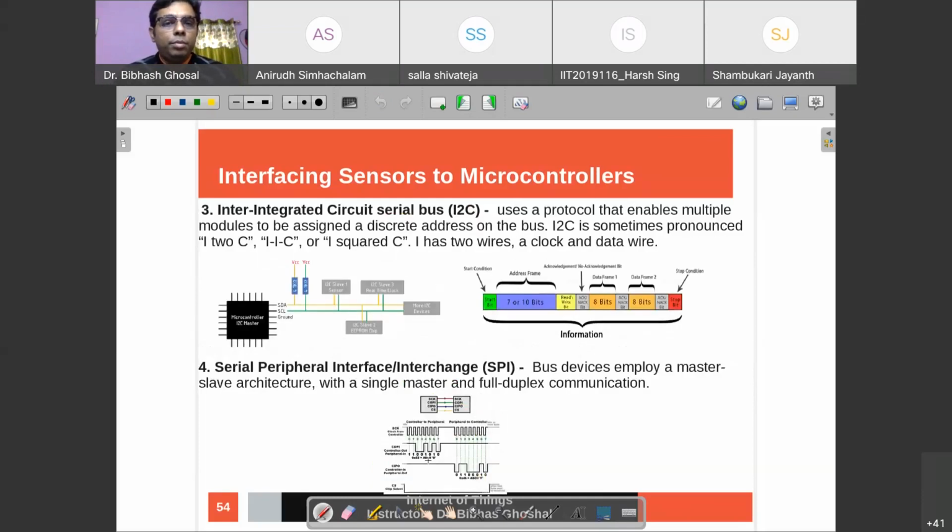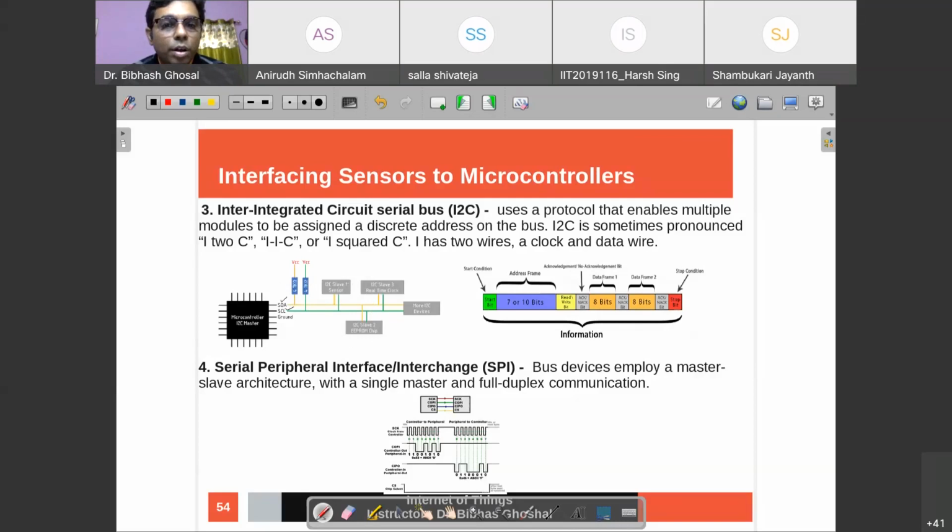Then the third protocol is called I2C. I already have mentioned that. It's a very good protocol to connect a lot of devices to a single microcontroller. We call it a master and the others slaves. These are two lines, data and clock, and they form a bus.